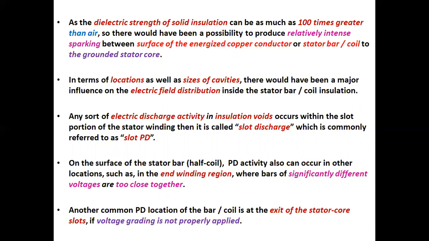On the surface of the stator bar, partial discharge activity can also occur in other locations, such as in the end winding region, where bars of significantly different voltages are too close together. Another common partial discharge location of the bar and coil is at the exit of the stator core slots if voltage grading is not properly applied.